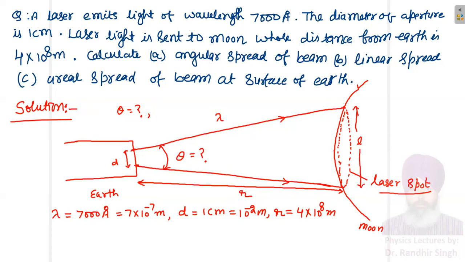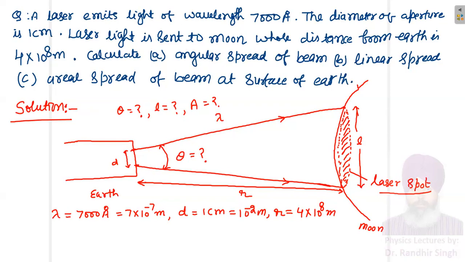Let us say the diameter of the spot is L, so we are to find L. Third is the areal spread, that is capital A. So we have to find this shaded area, and please remember it will be approximated, because the laser light cannot penetrate into the moon. It will be actually on this surface, so we will approximate it here. So we are to find three things: L, theta, and A.